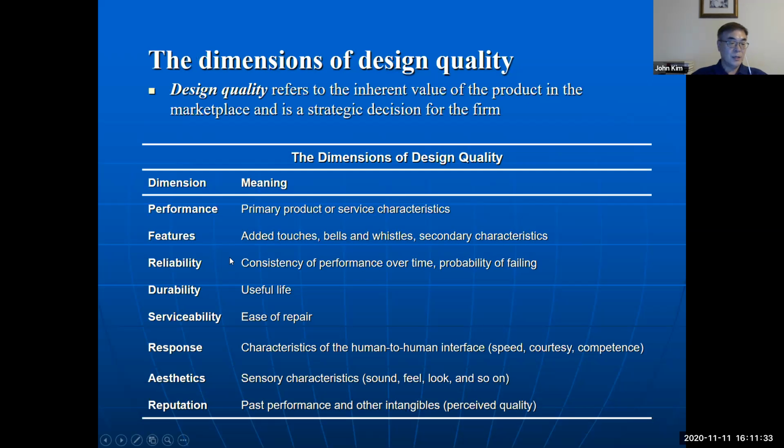Okay, when we design an item or product or service, we should consider these things, dimensions. Performance. Performance is primary product or service characteristics. So when we determine quality, then performance is one of the major characteristics or dimensions.